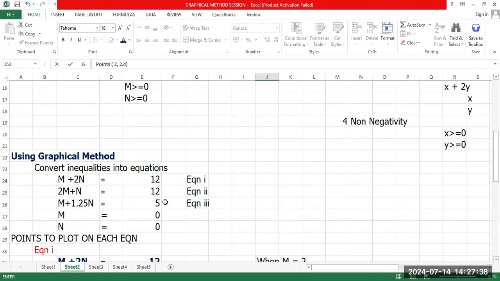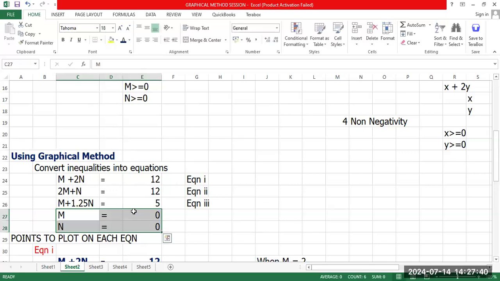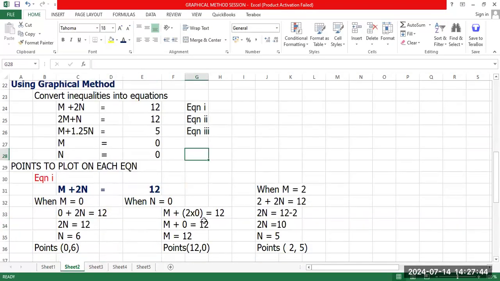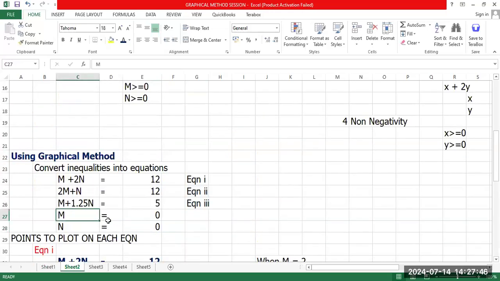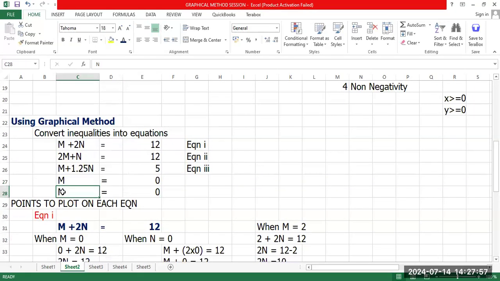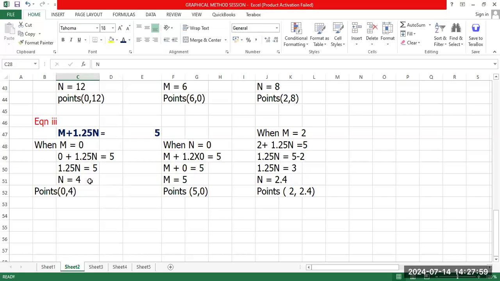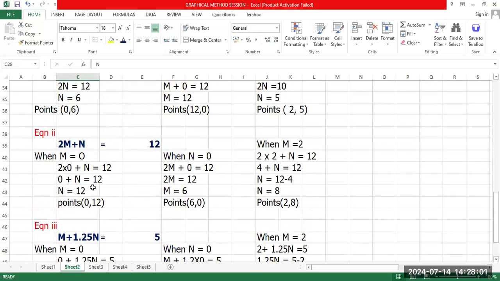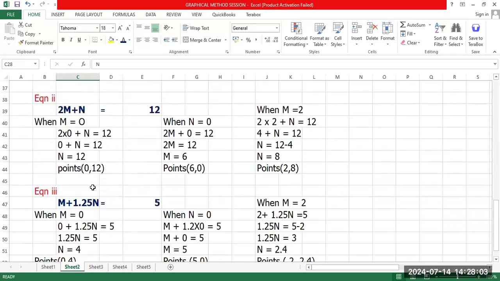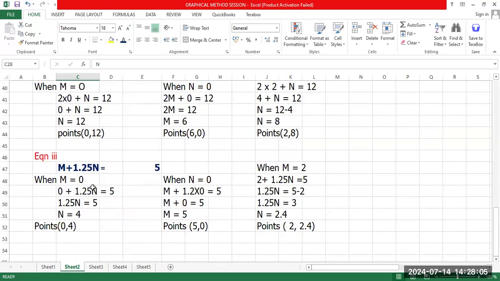You're done. This one, you don't need to say when already. This is enough. This is just a line. Where you are not having two variables in an equation, that is just a line. Okay. So once you have this, get your graph paper.